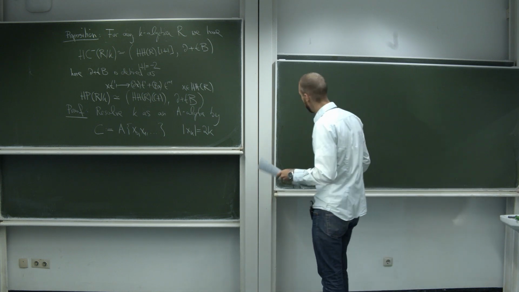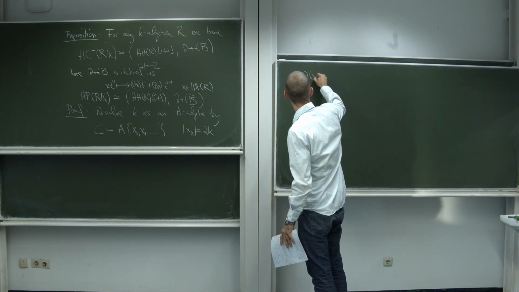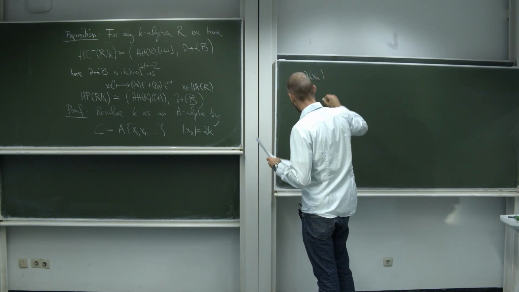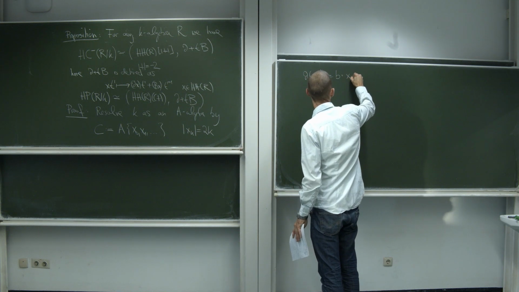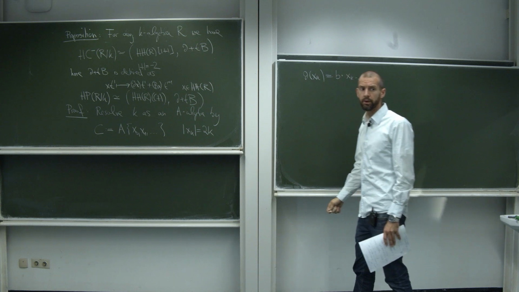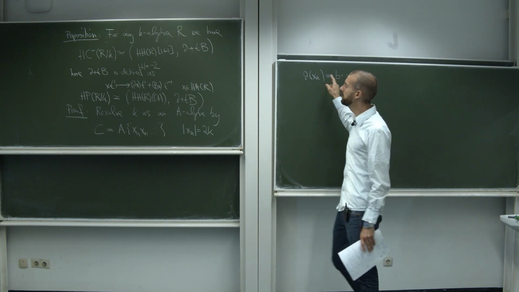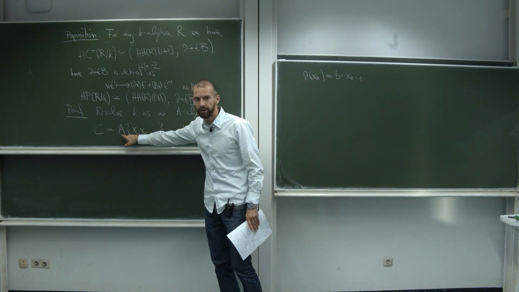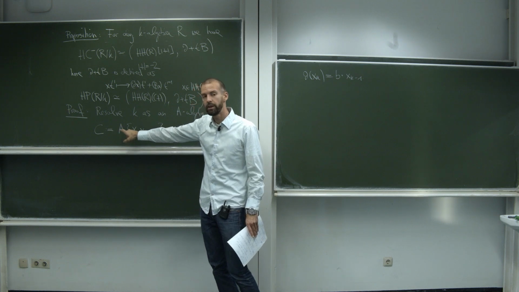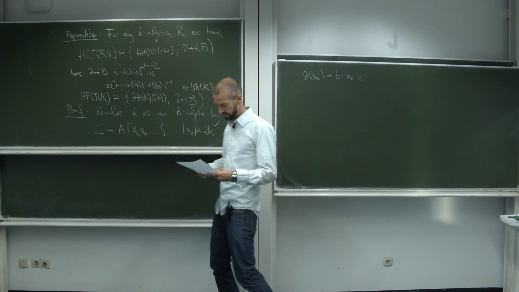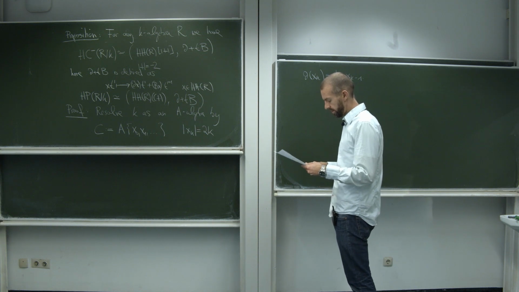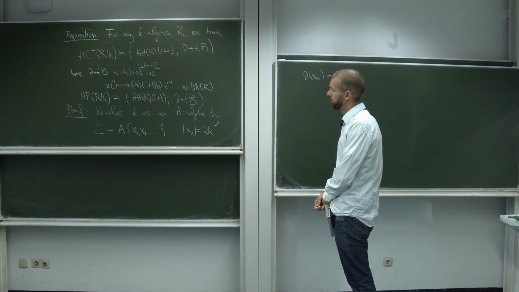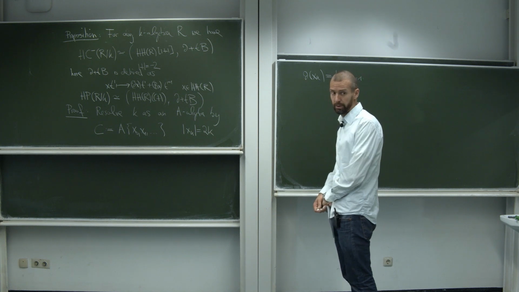I'm just going to declare that the ∂ of xk is equal to b times x(k-1). So what's the element b? The element b is the element in the algebra A. Recall that A was k adjoin b mod b squared. Okay, and now again, this is just going to be a resolution of k as an A-algebra.